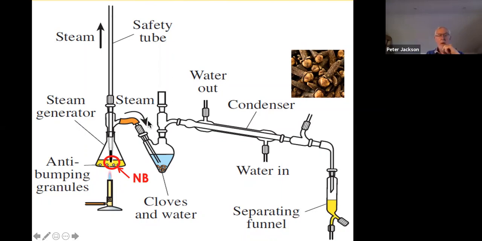So you bubble the steam in here. That gets this up to the boiling point of water. It lowers the boil. The whole point of this process, called steam distillation, is that it lowers the boiling point of the substances present, so that they can boil off at a low temperature.